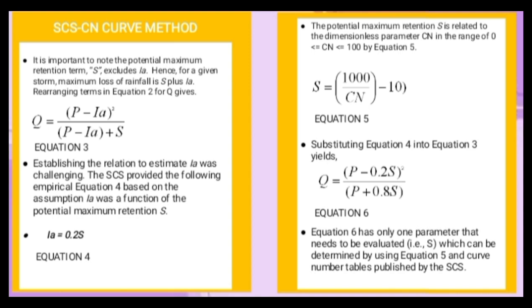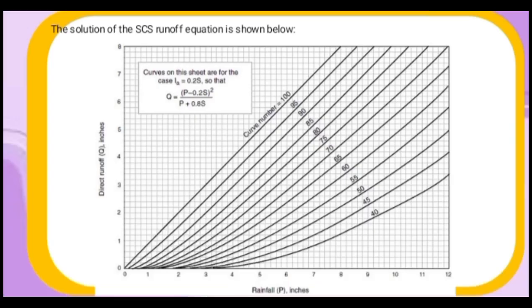The solution of the SCS runoff equation is shown below. Curves on the sheet are for the case IA equals 0.2 S, so that Q equals P minus 0.2 S squared over P plus 0.8 S.